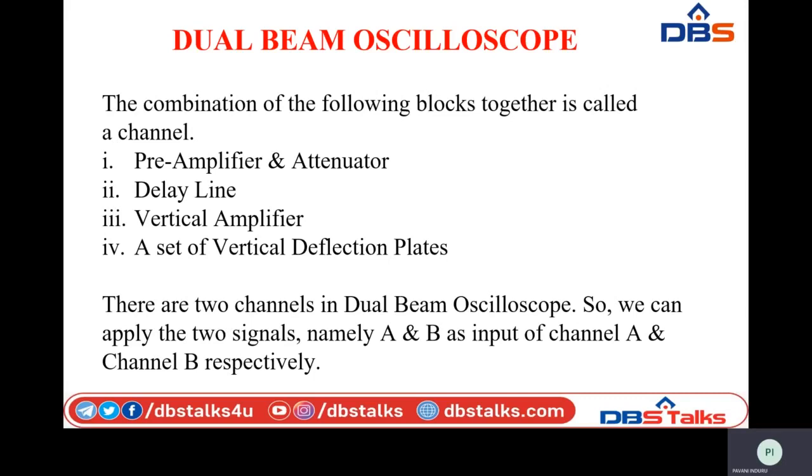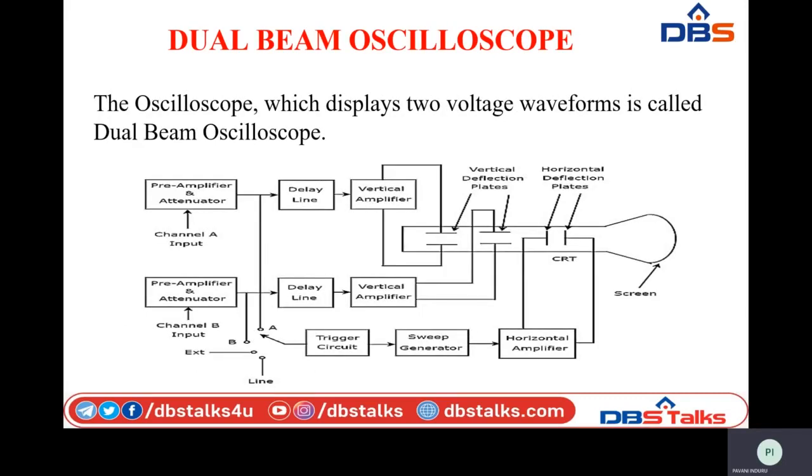After that stage, the signal is given to the delay line stage. The delay line produces some amount of time delay such that in the horizontal section, the sweep generator is able to synchronize the horizontal deflection plates.